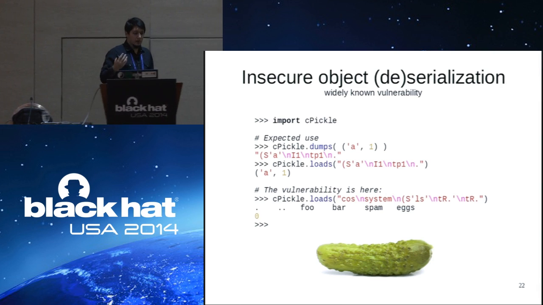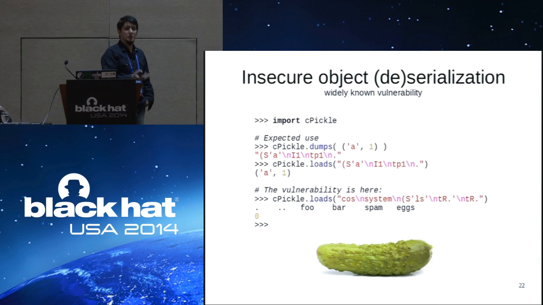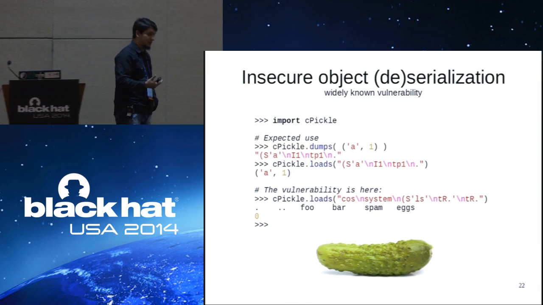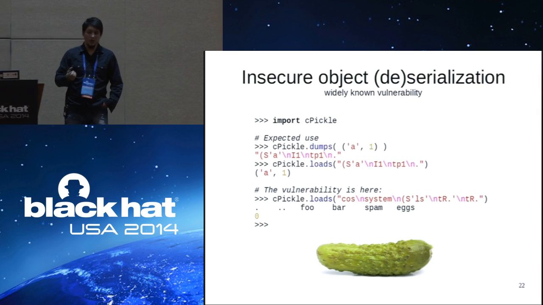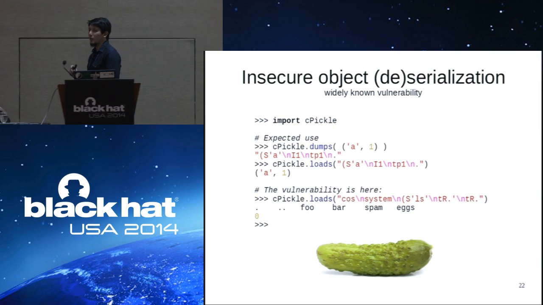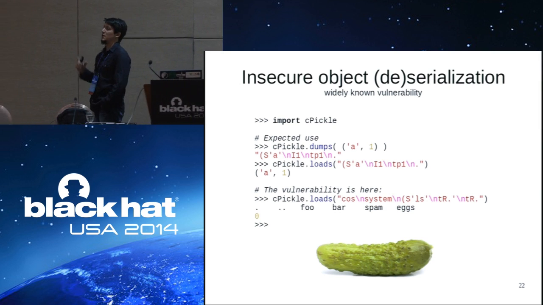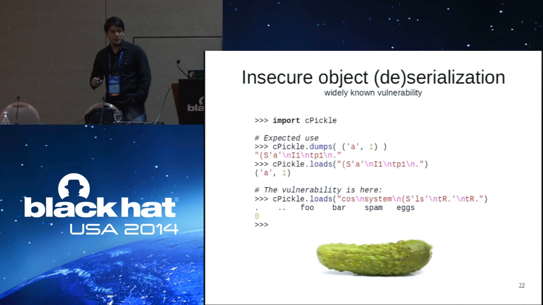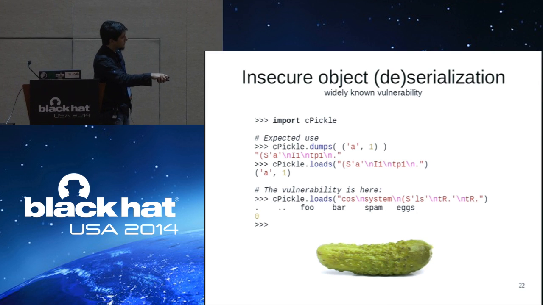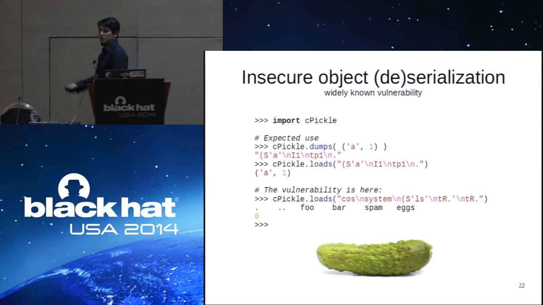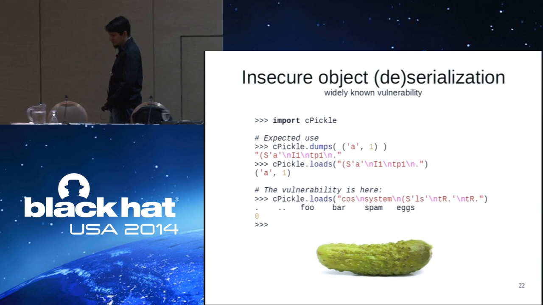But there is a vulnerability in the way that Pickle works, which is that if you control the string that's going to be deserialized, you can execute arbitrary commands in that system where you are deserializing the string. And that's what you see there, right? Say pickle.load string, and you load an arbitrary string, and you execute commands. Cool.